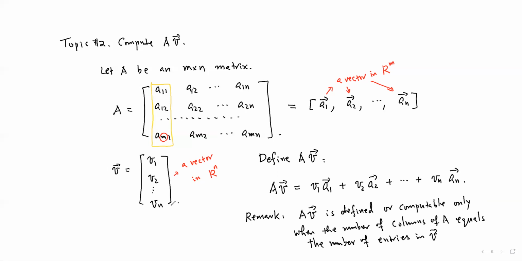Okay, now let me show you one example about how to use this formula to compute A times V. Take a look. Example 1.